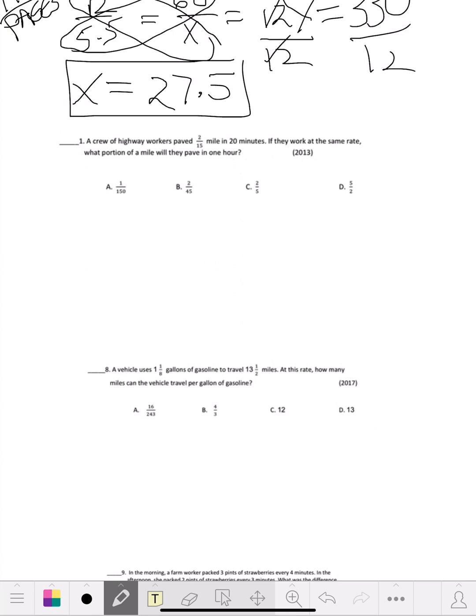Now, I put mile over time. In my head, I don't know what 2/15 is.